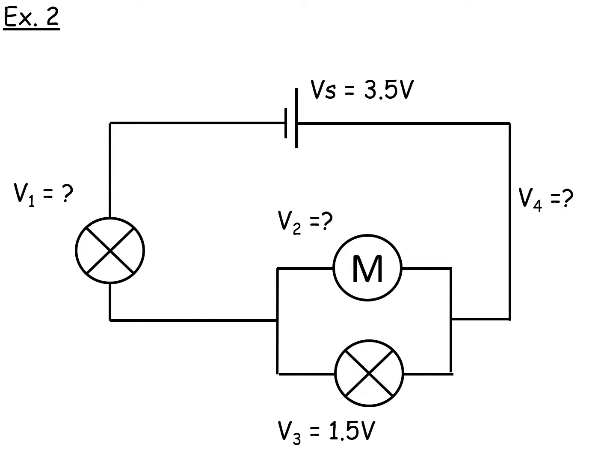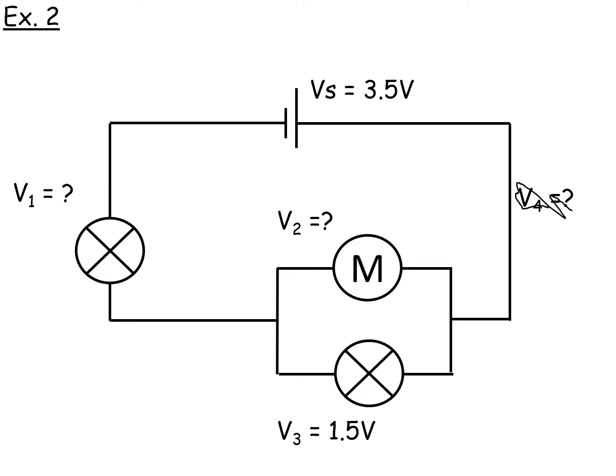Okay, as before, let's miss out V4 because that's not important. So V1, we know it's in series because there's only one way for the current to flow. V2 and V3 are in parallel because there are 2 ways for the current to flow.